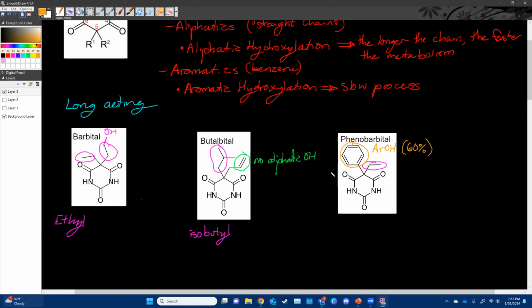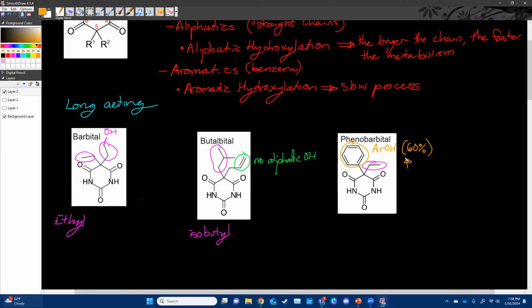So the body is still trying to use aliphatic hydroxylation despite the benzene ring being bigger. What this tells us is that benzene is a very stable molecule, right? That the body is almost 50-50 dividing its time between trying to target this tiny little thing versus benzene, which is much larger.